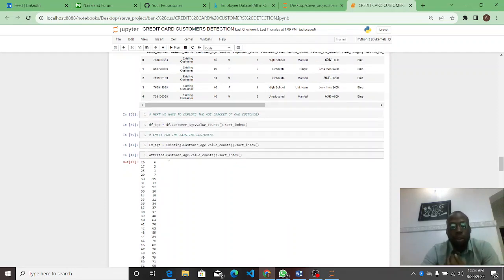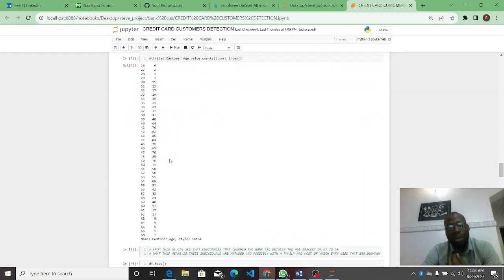Someone will ask, is there a need to check the age? Of course, we are doing a social analysis, so checking the age of the customers that attrited the credit card service for the bank is very important to get our points right.